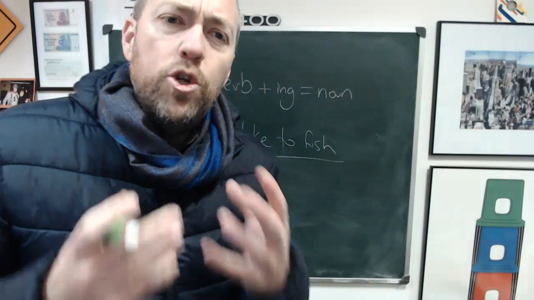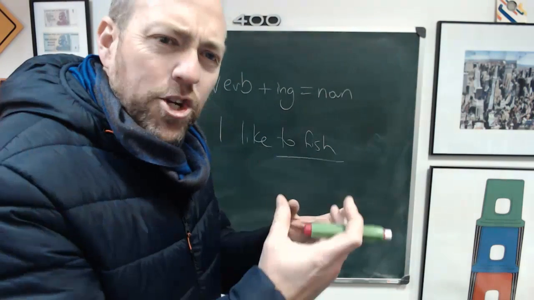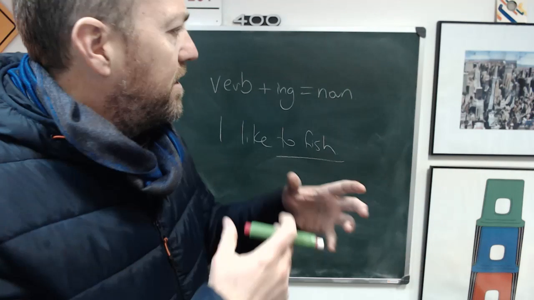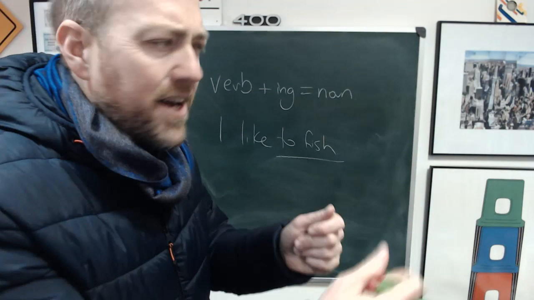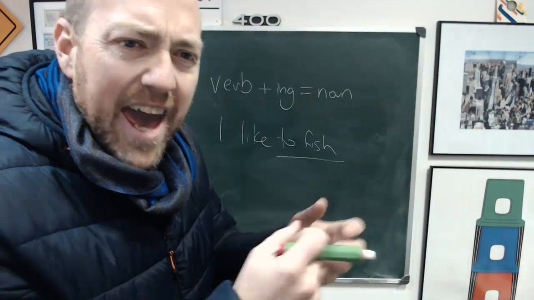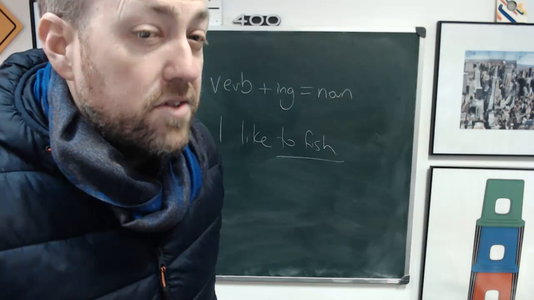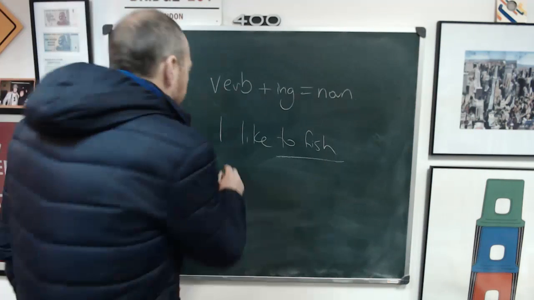Okay? So you are talking about the action of fishing. You enjoy, you like going and the action, the process of catching the fish. But you could also say, I like fishing.